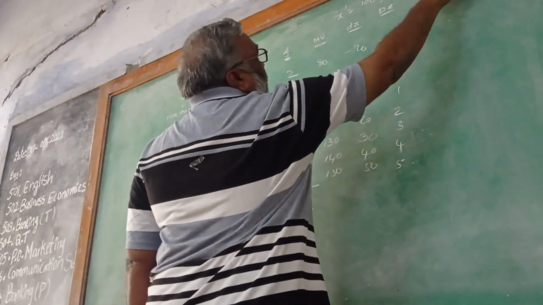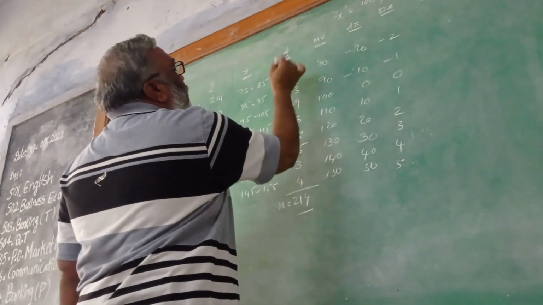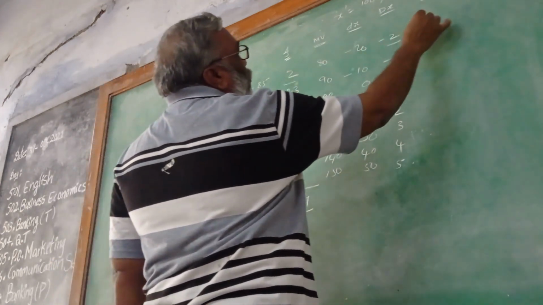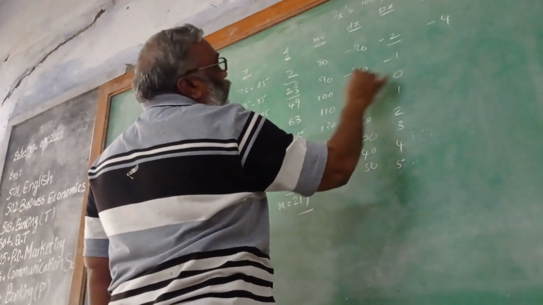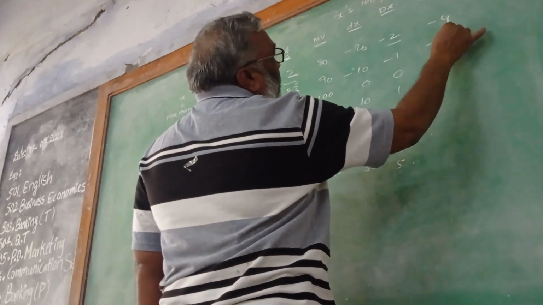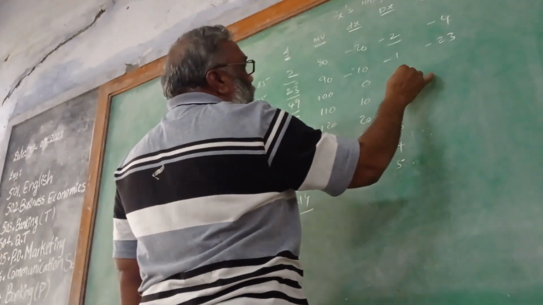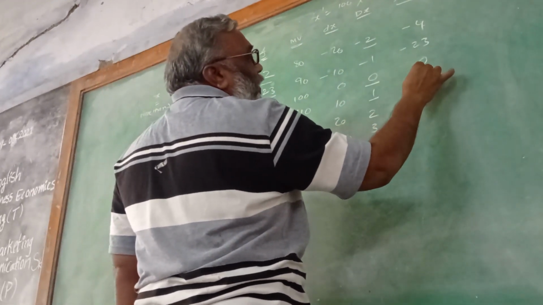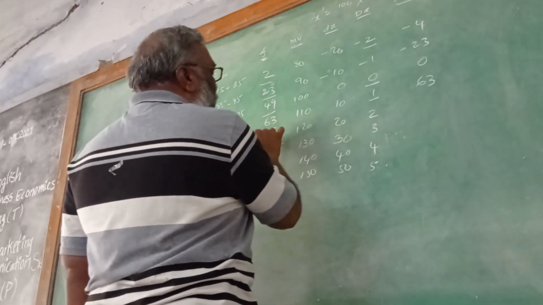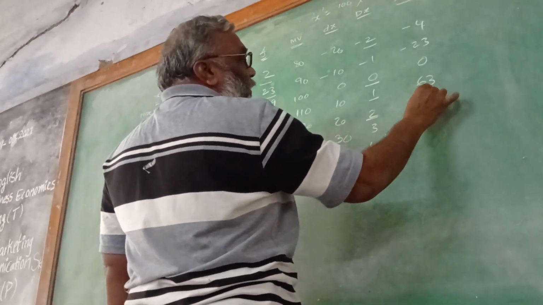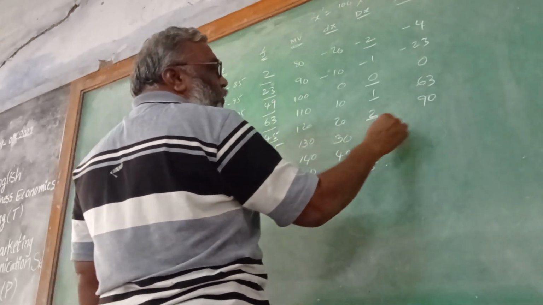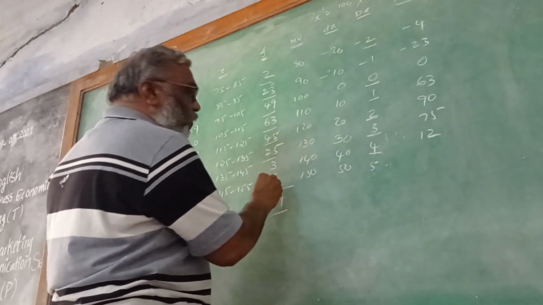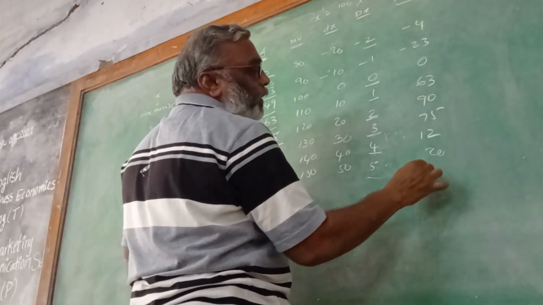F into capital Dx. 2 into -2, -4. 23 into -1, -23. 49 into 0, 0. 63 into 1, 63. 45 into 2, 90. 25 into 3, 75. 3 into 4, 12. 4 into 5, 20.